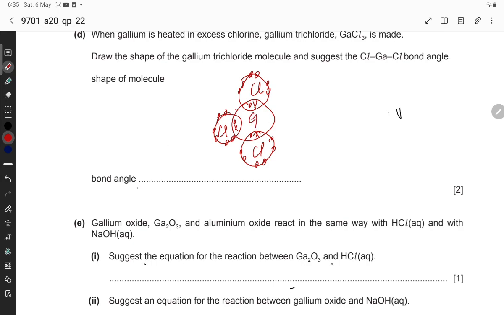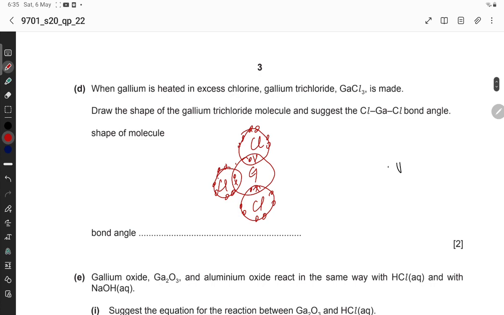The shape is trigonal planar. The bond angle is 120 degrees.